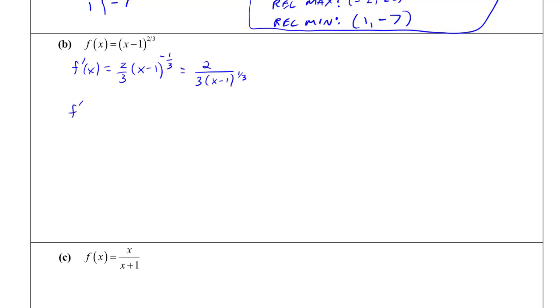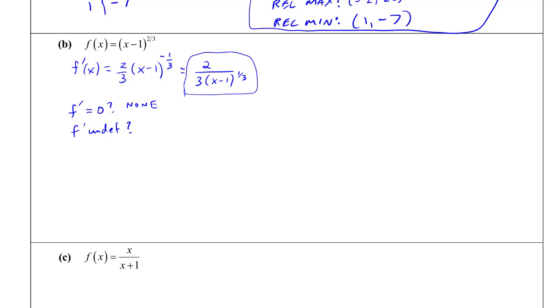All right, f prime equal to 0, f prime undefined, where f was defined. Where's the derivative equal to 0? Go back to this derivative and realize the numerator is 2, so it's never going to be equal to 0.